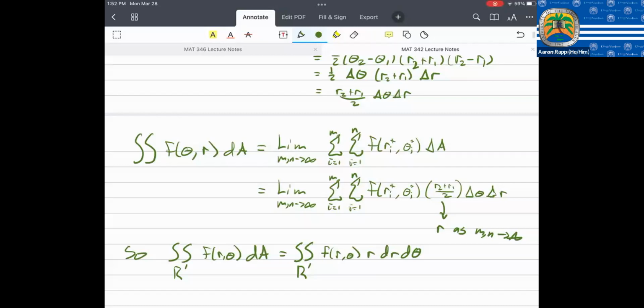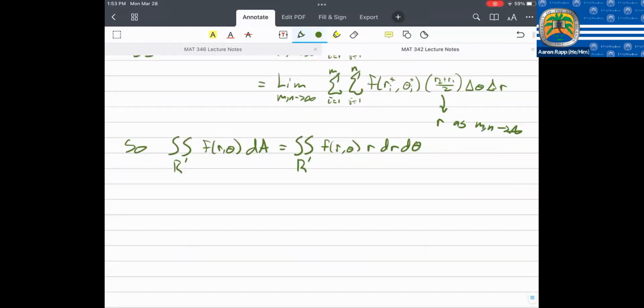Even though it doesn't necessarily matter which order I do first, whether I integrate with respect to R or with respect to theta, really how I integrate over that region is R times dr d theta. So for some of you who've gone through the homework, you probably always see this little R show up right before the two integrations. That's where this is coming from. Because if I ever want to integrate over polar coordinate regions, I have to make sure I take whatever my function is and take it with R times dr d theta.